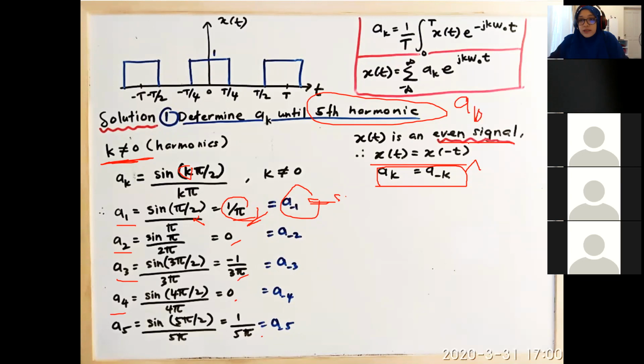If you want to plot it, you can calculate until a_10. Looking at this equation, you find that all the even ones are 0: a_2, a_4, a_6, a_8, a_10 are all 0. You only have values for the odd ones.